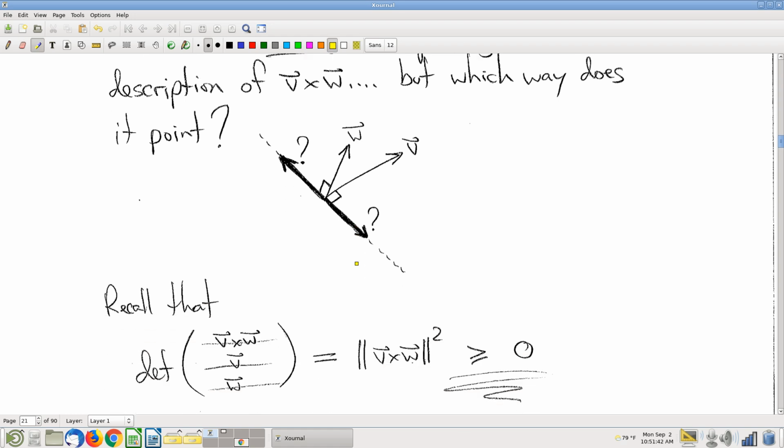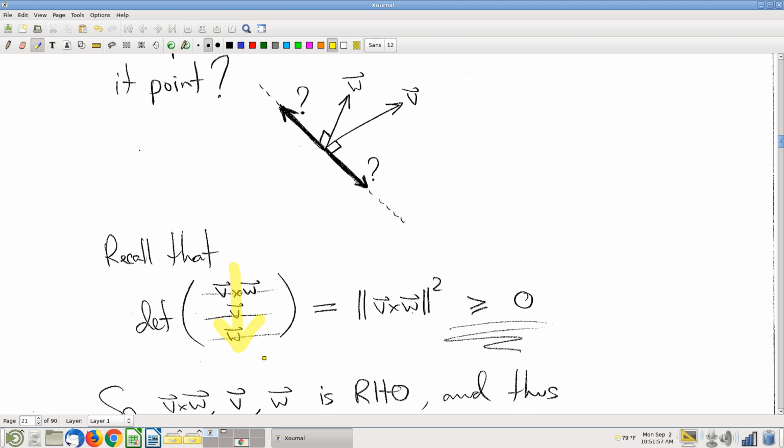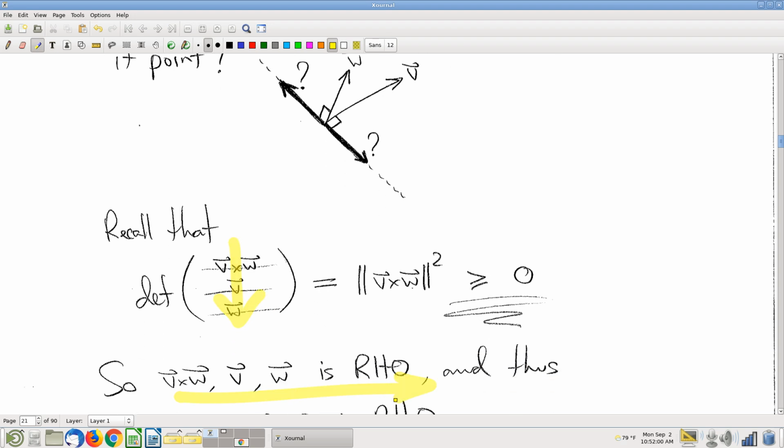Here's the answer that we already kind of worked out. So I already know that this determinant is a square and therefore not negative. Right? That means that other than the silly case where the cross product is the 0 vector, this is a right-hand order. Right?